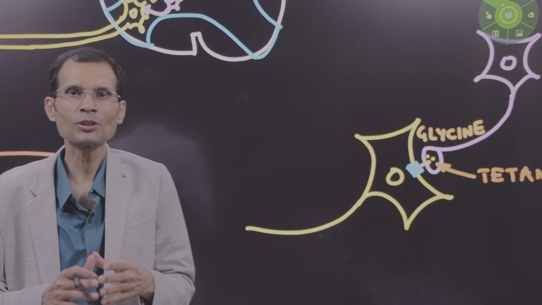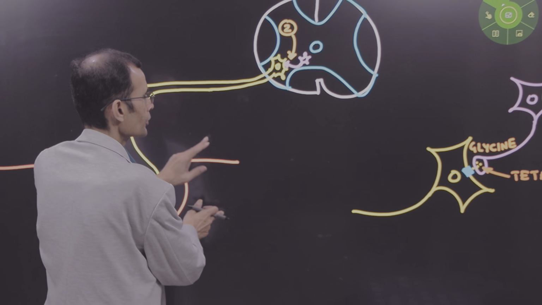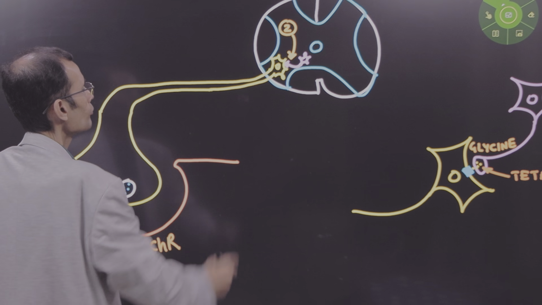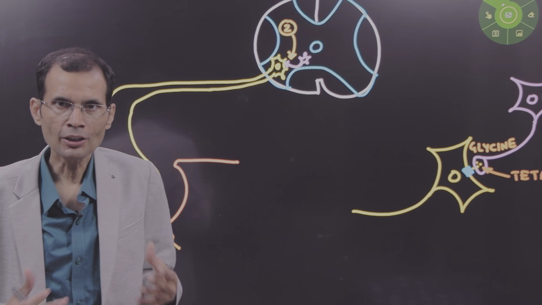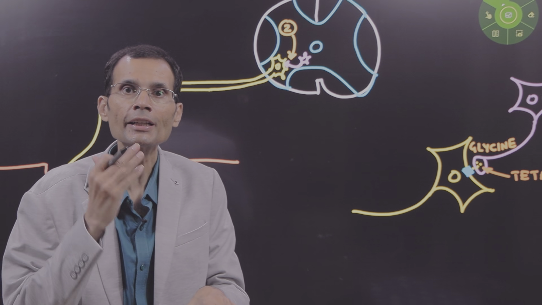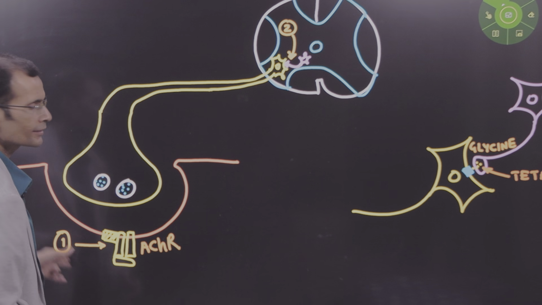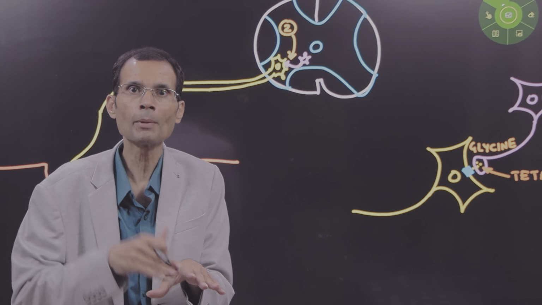Now that brings us to the last one, tetanus toxin, which is the answer to this MCQ actually. Well, tetanus toxin also works here, but how? You must have heard that tetanus occurs generally after a dirty injury, a dirty wound. Whenever there is such an injury, and this injury is a deeper one, it has reached the muscle.